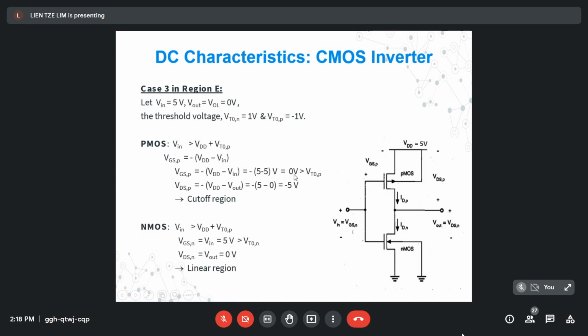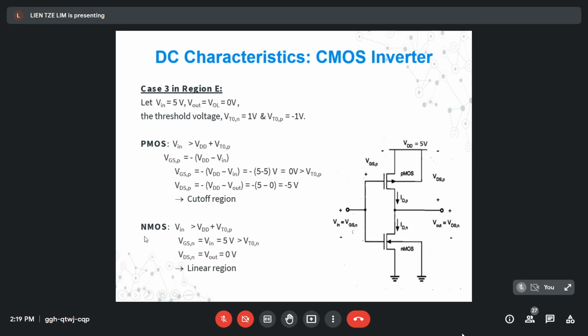It is above the threshold voltage, minus 1 volt, it is larger. And for the VDS, its value is minus 5 volt. So in this case, where the input voltage is high, the PMOS will not operate. That's why it is in cutoff.